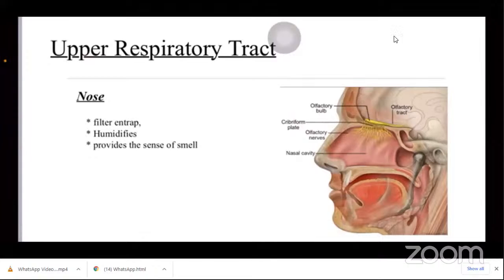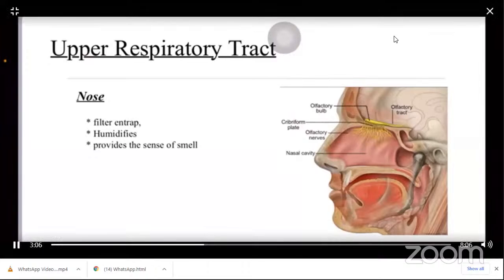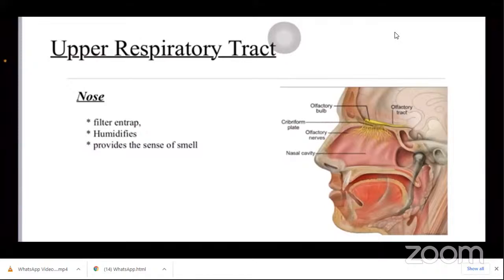Now the first content, the nose. You can see in the figure the nasal cavity which opens to the exterior through the nostrils. As I've already told you, it acts as a filter which can trap all the foreign particles inhaled through the nostrils. The second function, it humidifies the air which is taken inside.